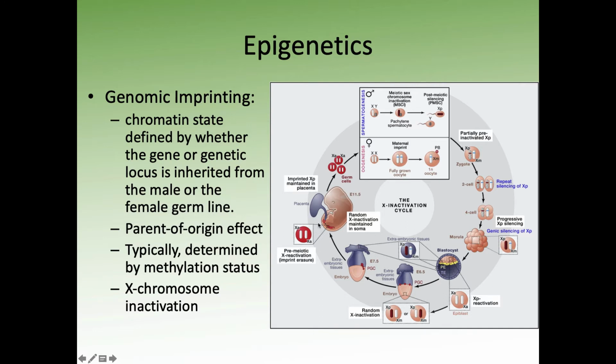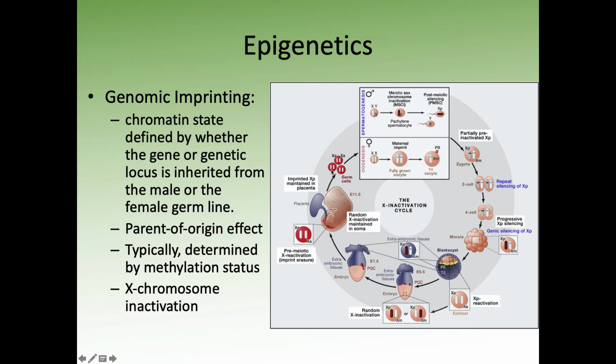At some point, we might see an X reactivation. There's also some imprinting erasure that happens at certain points in resetting of the X chromosome, and then as they are passed into germ cells, we see an imprinting again of the XP chromosome when it goes in the placenta.